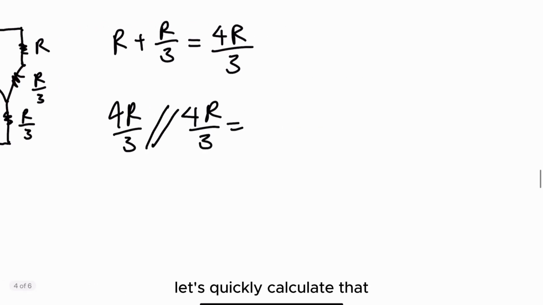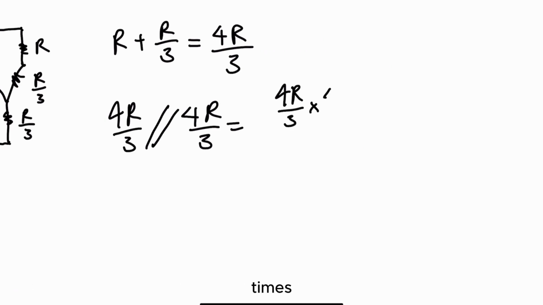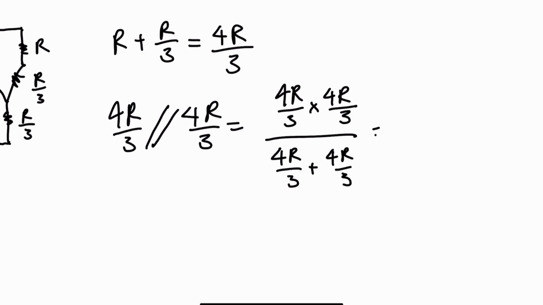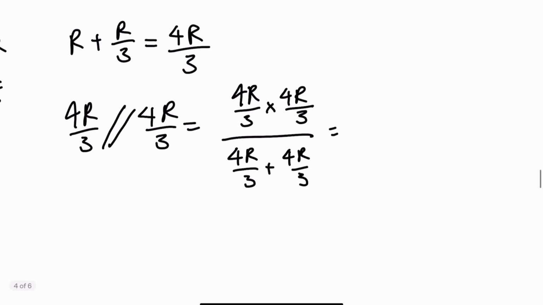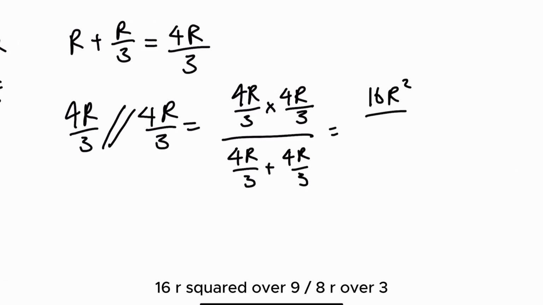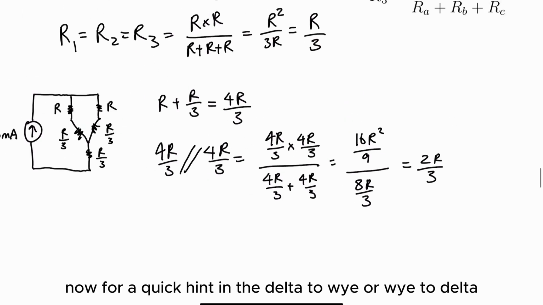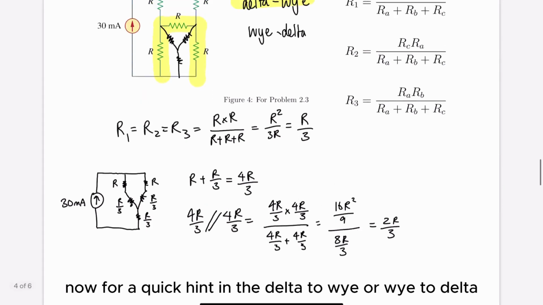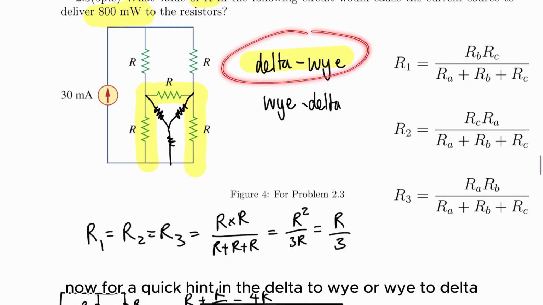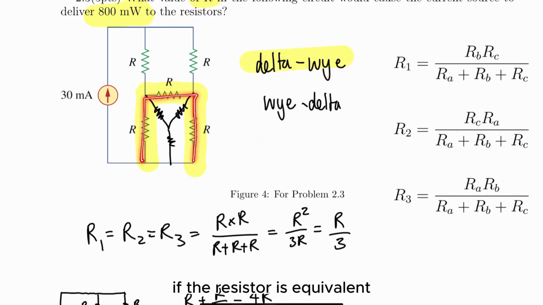Let's quickly calculate that using the product between them divided by the sum, which is 16R squared over 9 divided by 8R over 3, which gives us 2R over 3.